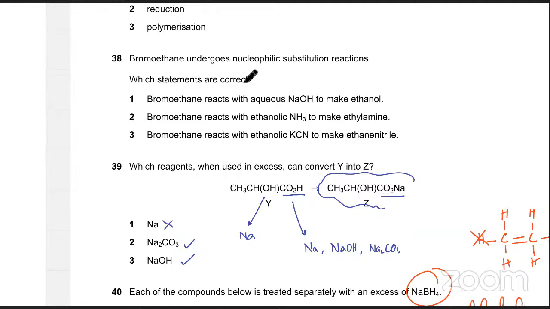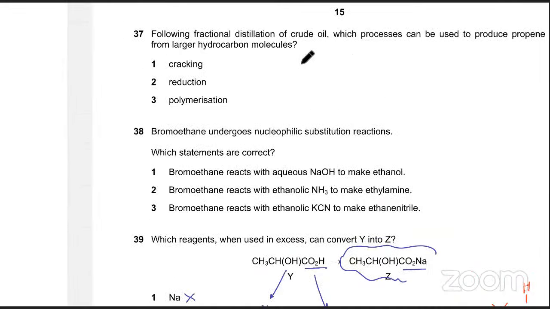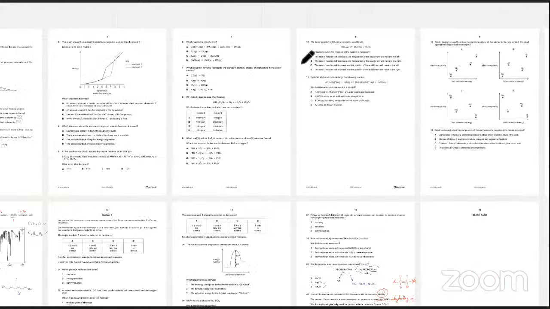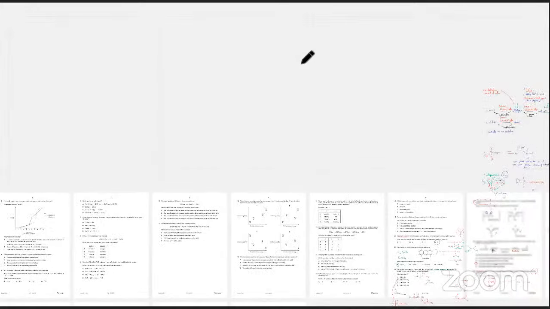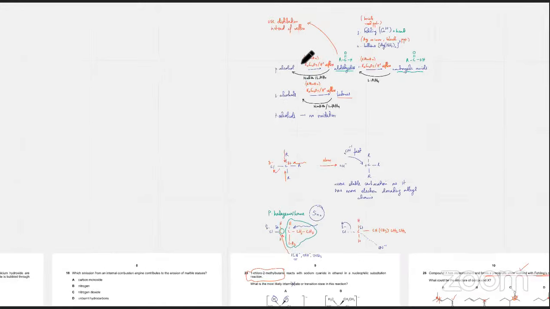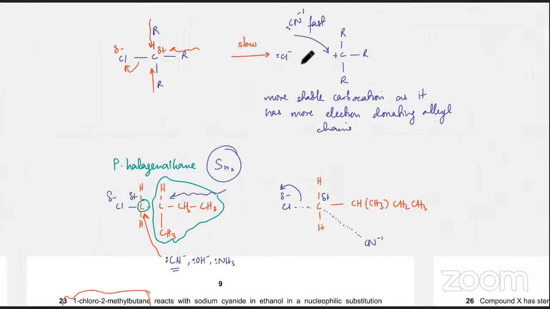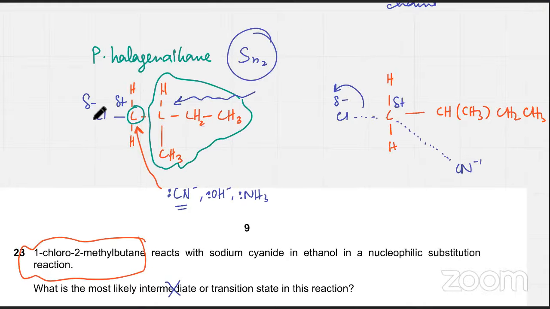Question 38: bromoethane undergoes nucleophilic substitution reactions. Which statements are correct? Again, this is halogenoalkane nucleophilic substitution. We just did that. Except that this is bromoethane, so that's 2 carbon atoms and there's a bromine over here, but pretty much the same thing.